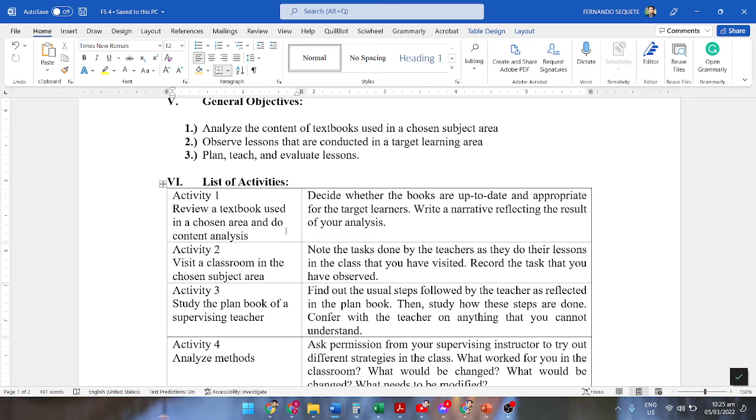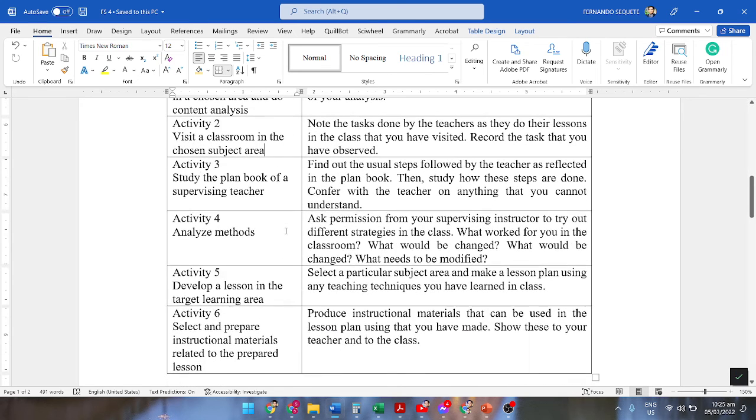So we will do it online and then at the same time, let's try to look at kung meron pang nag face-to-face ngayon sa ILS. So kung meron man, I think we can also do that. But kung wala naman, we will stick muna sa online. So you will get to observe online classes.